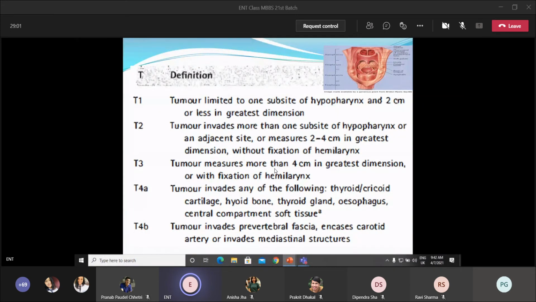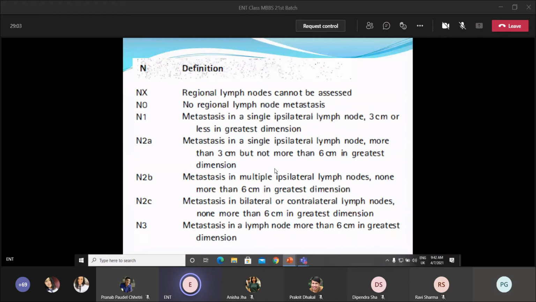For nodes NX, if nodes cannot be assessed, N0 if no regional metastasis, N1, N2, and N3. Okay. In N1, metastasis in a single ipsilateral lymph node, 3 centimeter or less in greatest dimension. N2 is divided as 2A, 2B, and 2C.